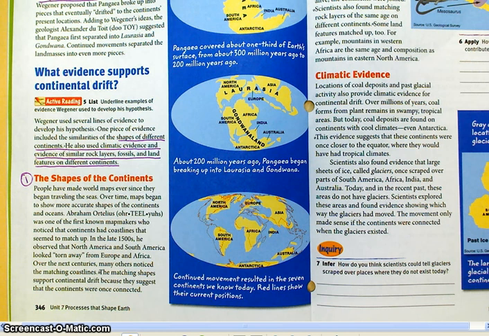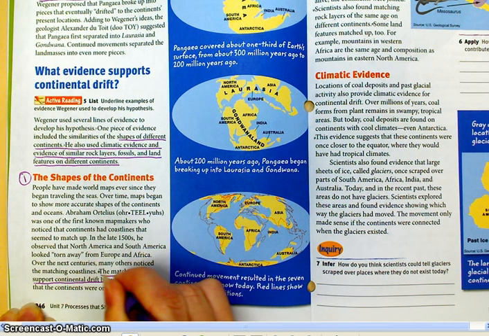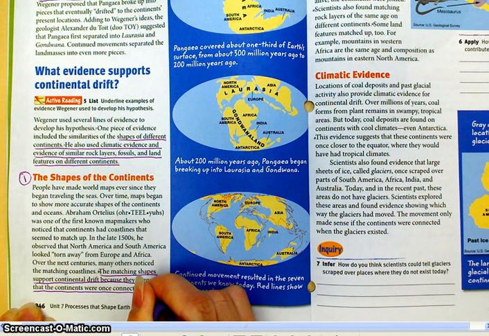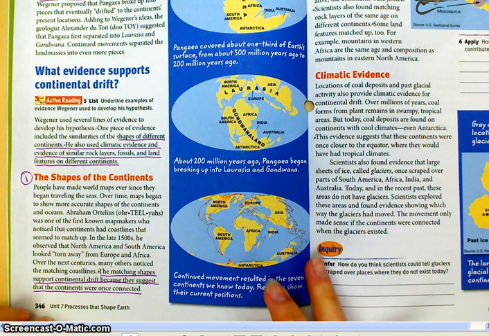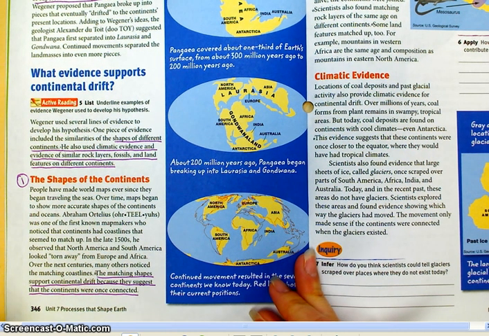In the late 1500s, he observed that North America and South America looked like they were torn away from Europe and Africa. Over the next centuries, many others noticed the matching coastlines. So the matching shapes support continental drift because they suggest that the continents were once connected. Okay, so piece of evidence number 1 for continental drift is the shape of the coastline.